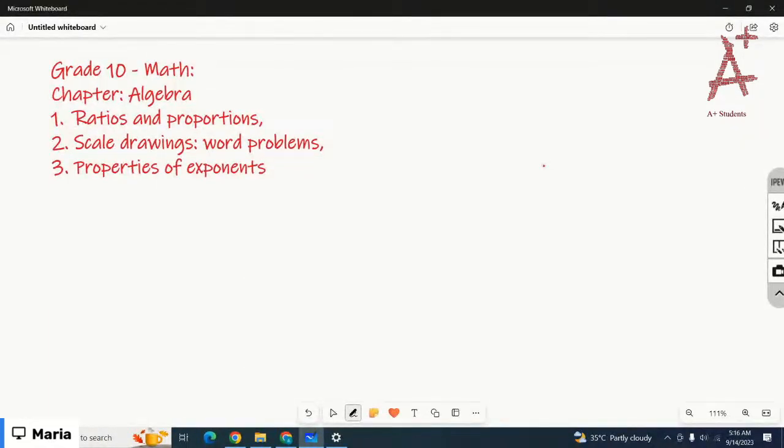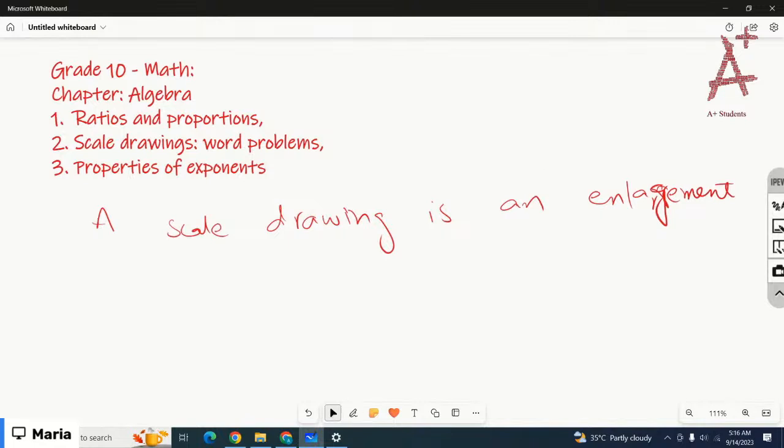So, basically, a scale drawing is an enlargement of an object, right? An enlargement of an object.